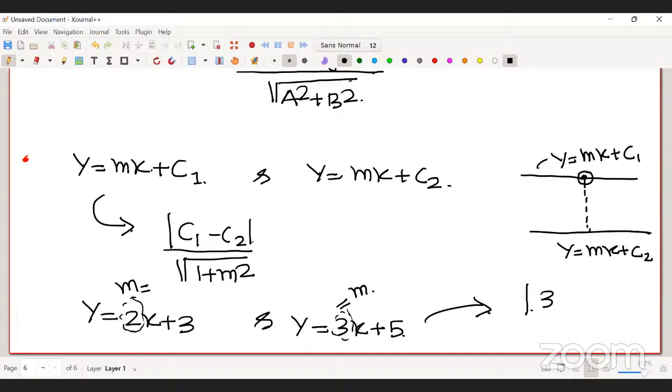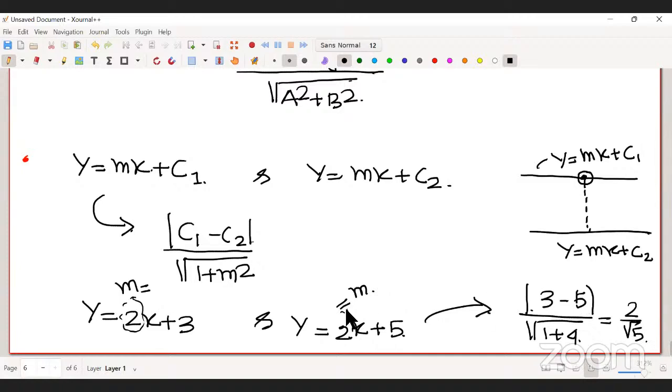I can apply it only when I have two parallel lines. If instead of 3x I have 2x, then the lines are parallel, and the distance between them is 3 minus 5 divided by root of 1 plus 4, which is 2 by root 5.